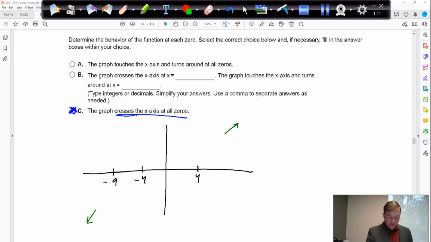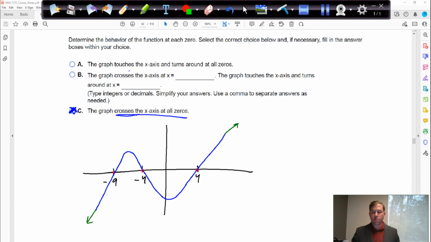And we know at each of these zeros it should cross. Put in the zeros, and to fill this in we would say it's going to come up and cross at minus 9, do something, come back down, cross at minus 4, do something, come back up to the x-axis again at 4 and cross again, and then match up with its end behavior. So we can get a pretty good sense of what this thing's going to look like.